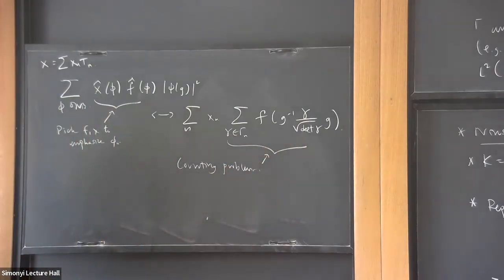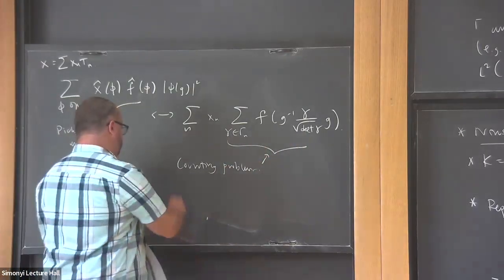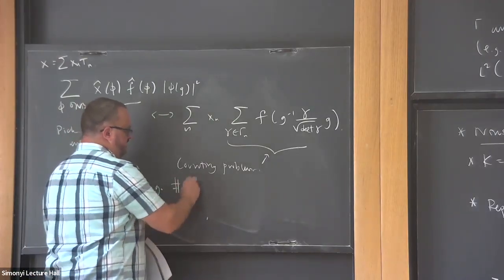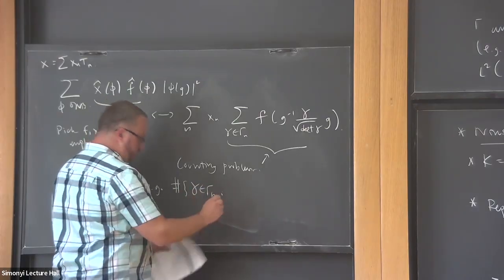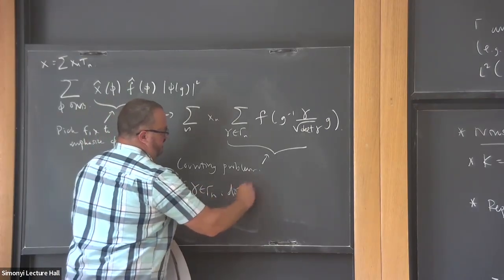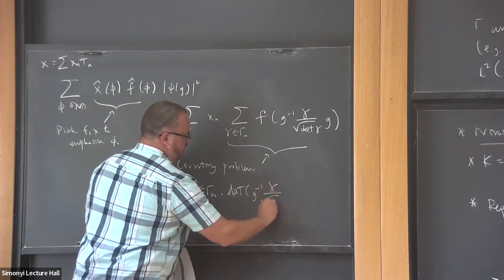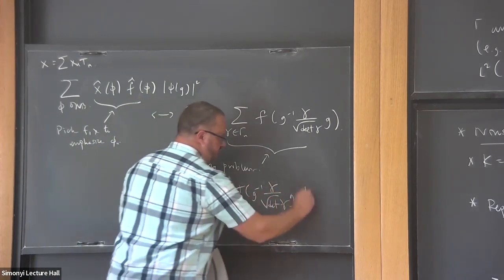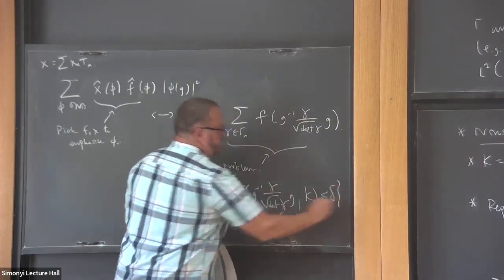So the classical counting problem that you get here, in the spherical case, you would need to understand the number of these matrices gamma in gamma n so that this matrix G inverse gamma over square root determinant gamma G, the distance from this to the compact is small, right?